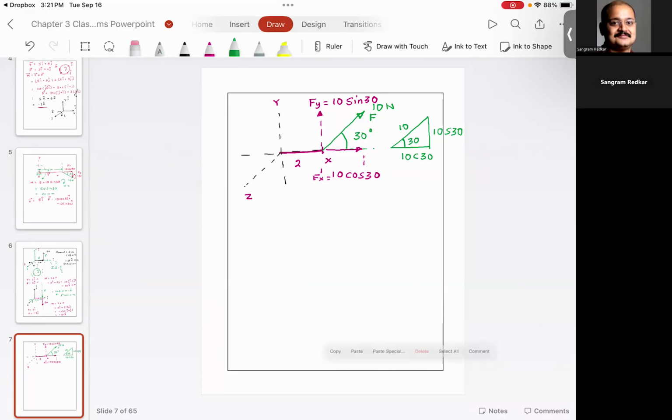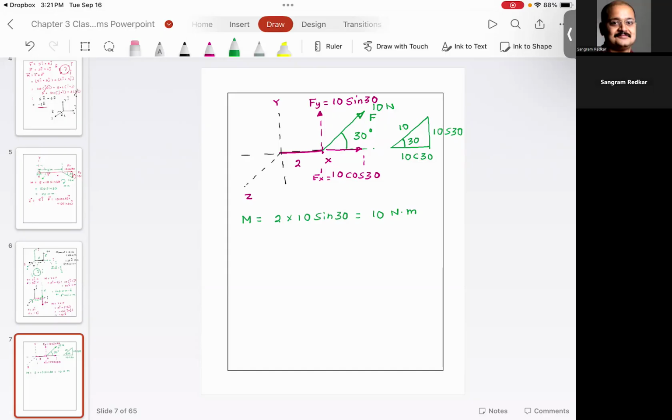The moment would be 2, which is radius, multiplied by 10 sine 30. Do you agree with me? So this is 10 Newton meter. The horizontal component is not going to give me any moment.